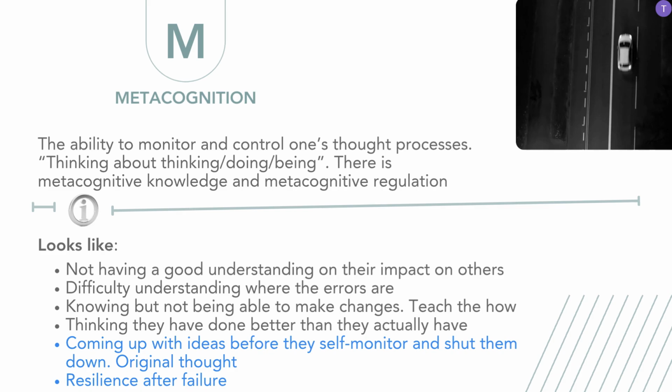They're often really resilient after failures because they're not necessarily able to monitor their behavior or the way they're impacting others. They often make mistakes, and so they become really resilient after failure. They're really good at getting back from making a mistake.